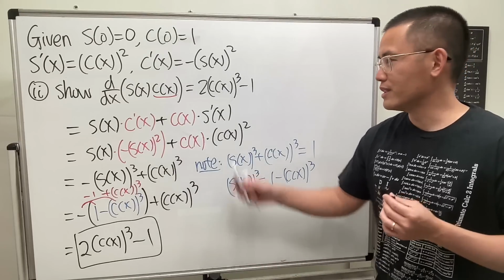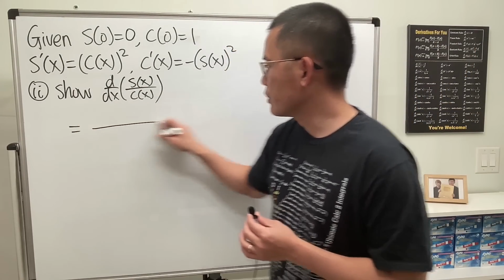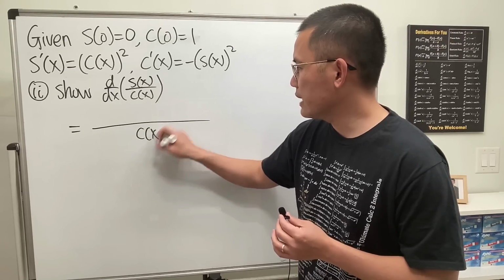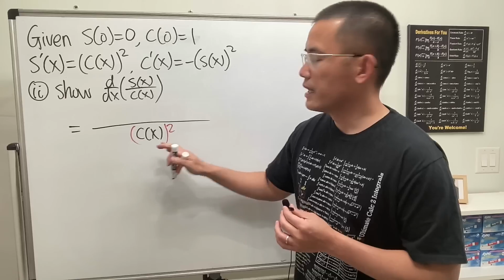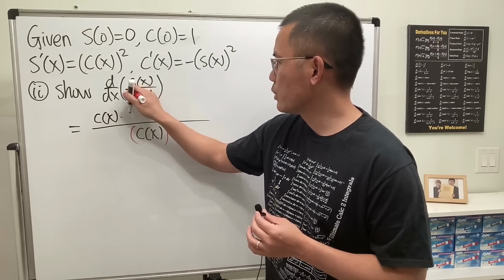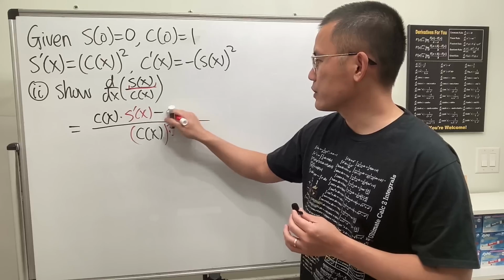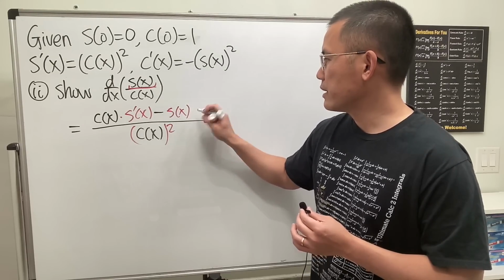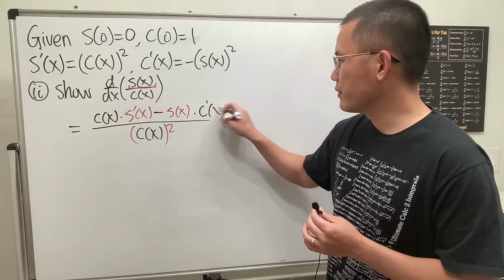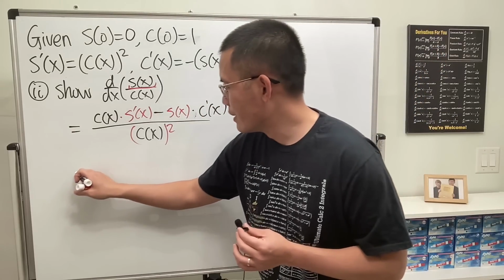Now let's do the quotient. So now, quotient rule, and we are going to get the following. I'm going to square the denominator, so c of x, and I'm going to square that, and then I'm going to put the bottom function here, and then we multiply by the derivative at the top, which is s prime of x, and then we subtract the top function, and then times the derivative at the bottom, so c prime of x. Okay, and then just plug in the usual things, right?